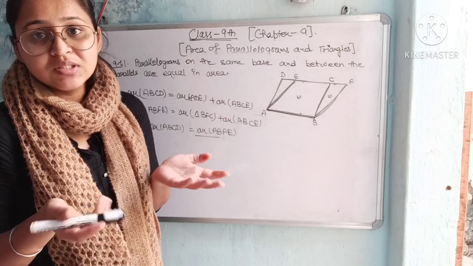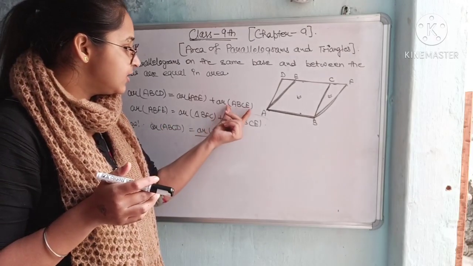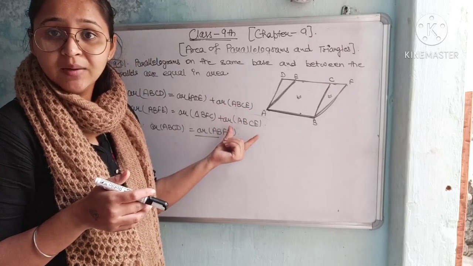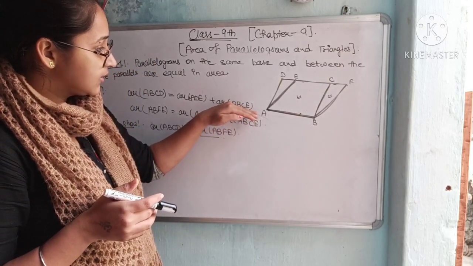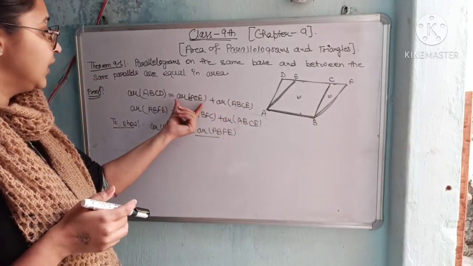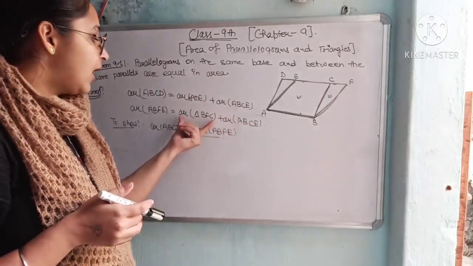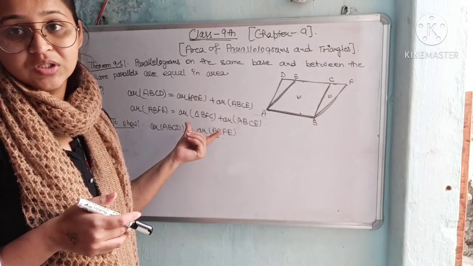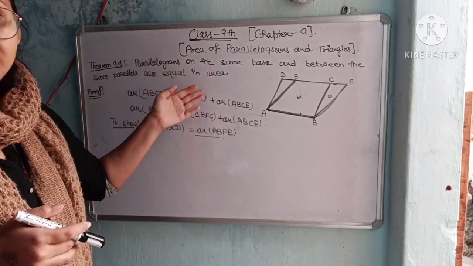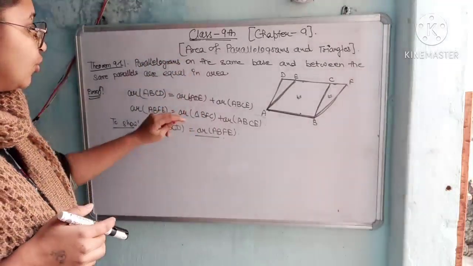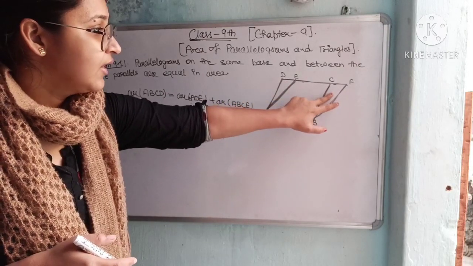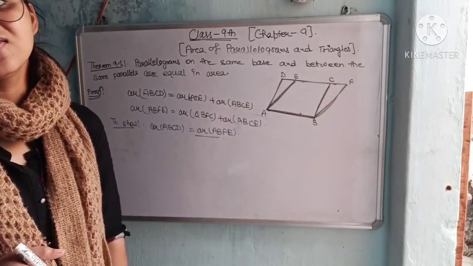Obviously the area will be same everywhere, so you can cancel this value against this value. We are left only with the area of triangle ADE and the area of triangle BFC. So for showing our proof that both parallelograms have the same area, we have to show that triangle ADE and triangle BFC both have the same area.